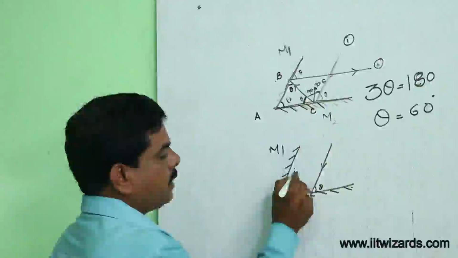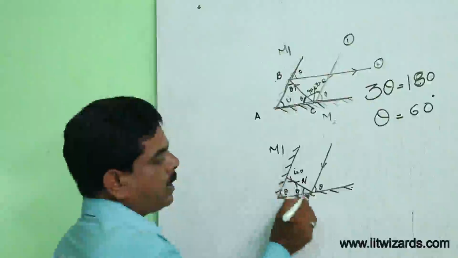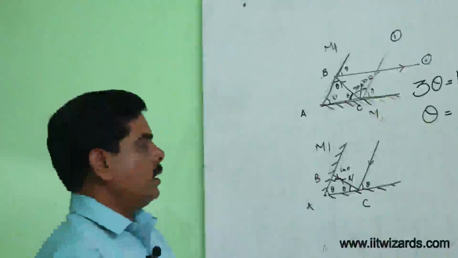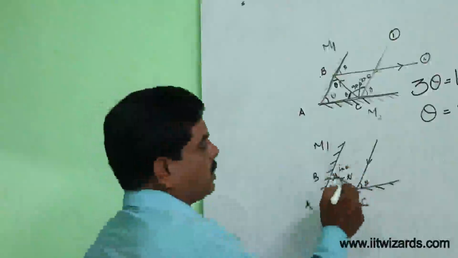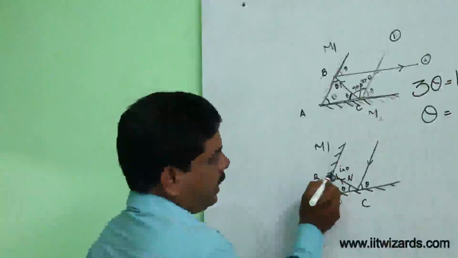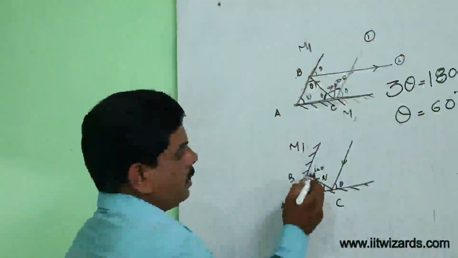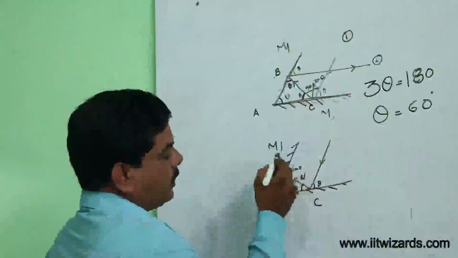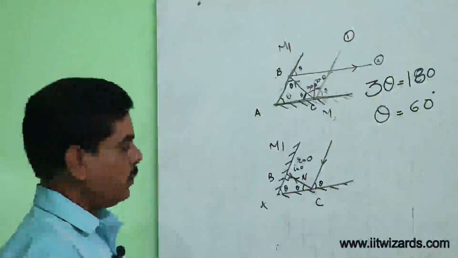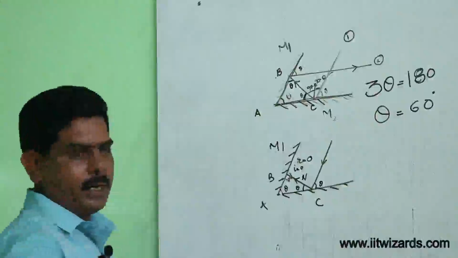So obviously, the angle of incidence is 0, implying that this ray has been incident along the normal. Since the ray has been incident along the normal, it has also been reflected along the same normal. Implying for angle of incidence being 0, the angle of reflection is also 0. Obviously, this angle therefore is 90 degrees.